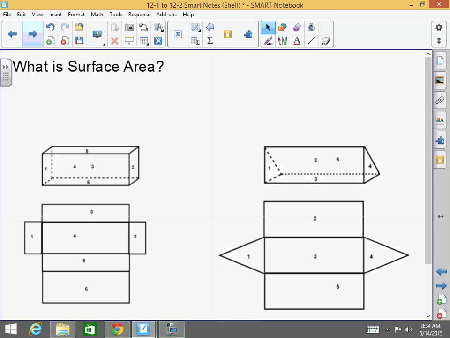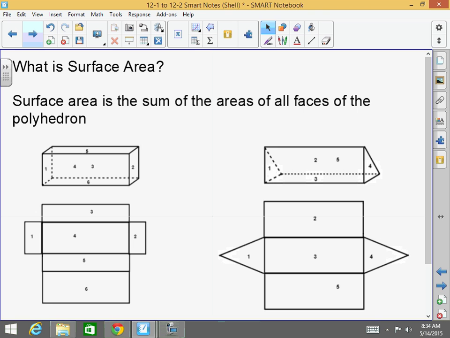All right. Now, what is surface area? Surface area, guys, in a nutshell, is the area of all of the faces and bases combined. Surface area is the sum of the areas of all faces of a polyhedron. It's the area of every single face, both the bases and the lateral faces. Everything.